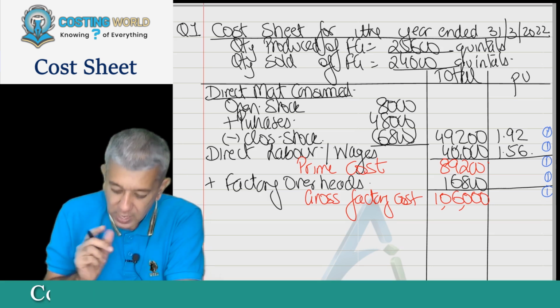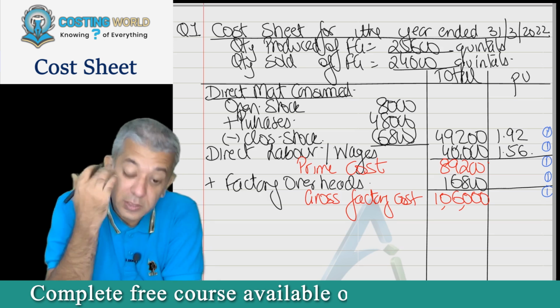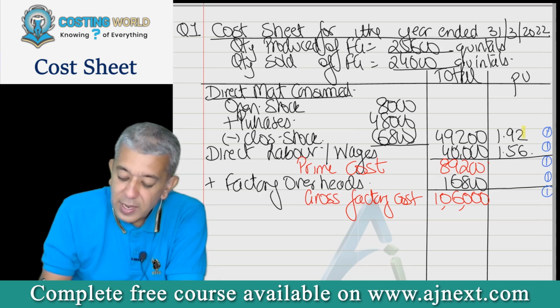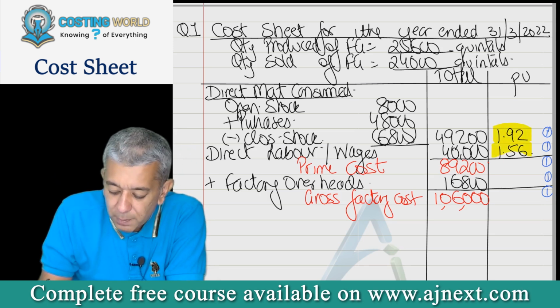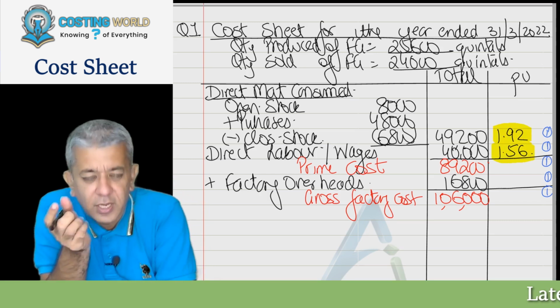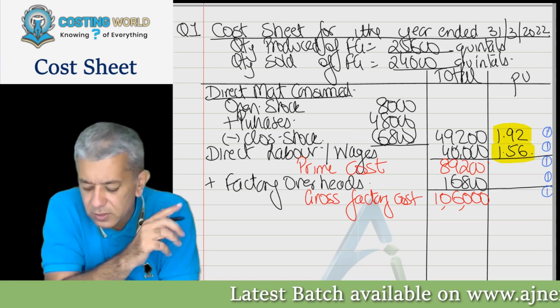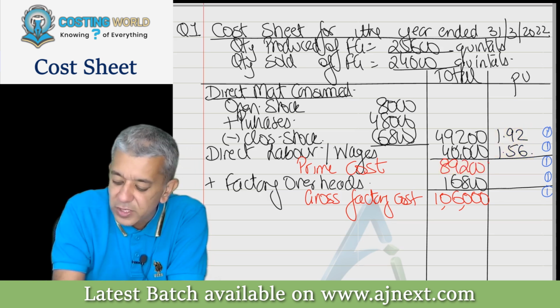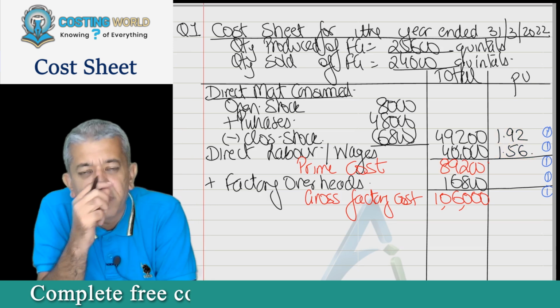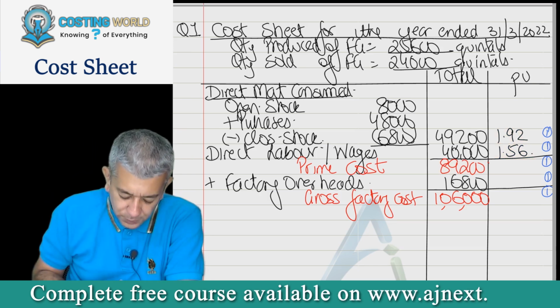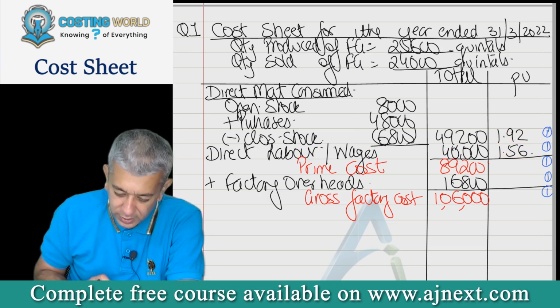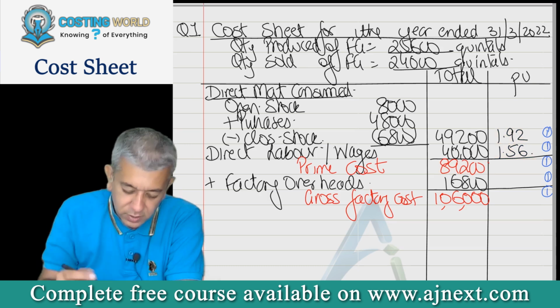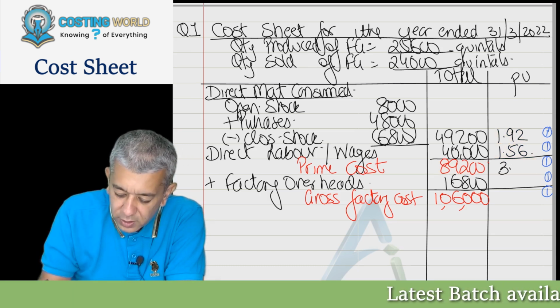1.56. Now just one small request, and that is, instead of adding these two numbers, which are not perfect answers because they are rounded off answers, it's always better to divide this total again by 25,600. So effect of rounding off will be slightly less. So pick up your calcies. 89,200 divided by 25,600. 3.48.